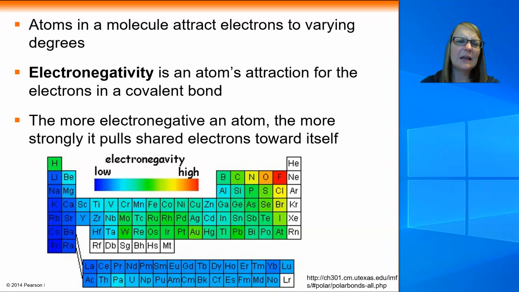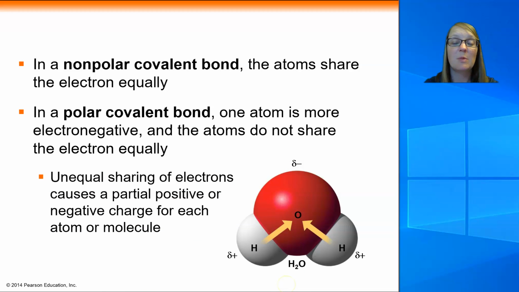And so if you have atoms, some pull really hard on shared electrons and others don't pull very hard, you can have different kinds of covalent bonds being formed depending on which atoms you're pairing together. So if you have a non-polar covalent bond, this means that the atoms are sharing the electrons equally. And there are no charged poles that occur when you have a non-polar covalent bond, right? So equal sharing.